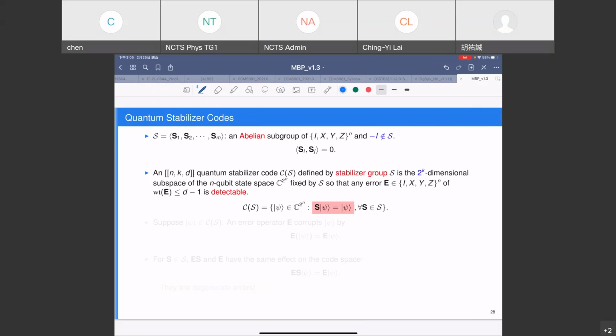The quantum code C(S), defined by this stabilizer group S, is the joint +1 eigenspace of the stabilizer group. If a quantum state belongs to the code, it is a +1 eigenvector of every stabilizer: S is an element of the stabilizer group, and the eigenvalue should be +1 for all S.